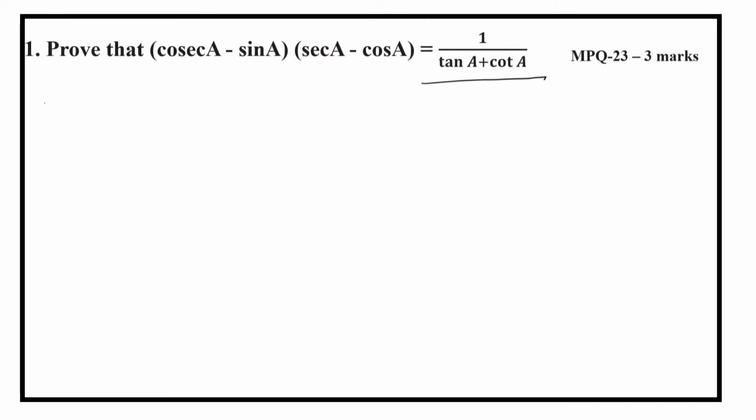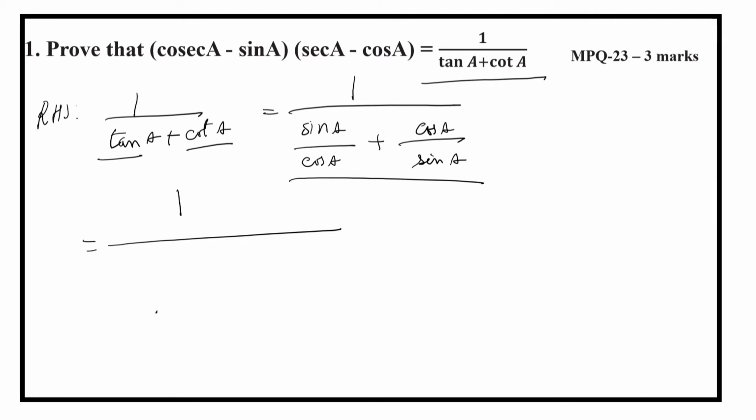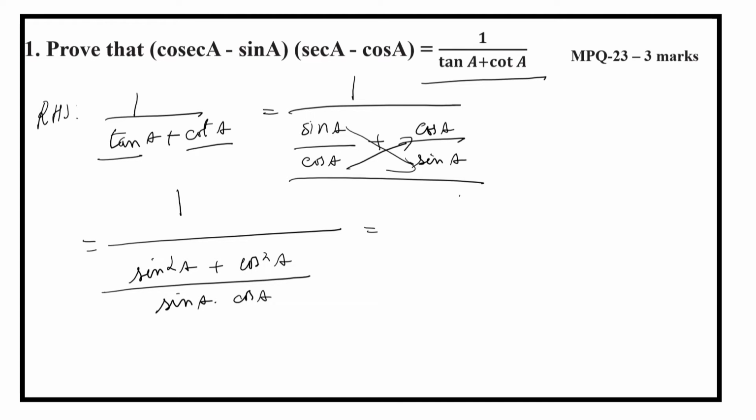Now RHS is 1 by (tan A plus cot A). Now change tan A into sin A by cos A, plus cot A is cos A by sin A. In the denominator, the LCM is cos A sin A, or sin A cos A. Here sin square A plus cos square A, that is equal to 1, since sin square A plus cos square A is equal to 1.